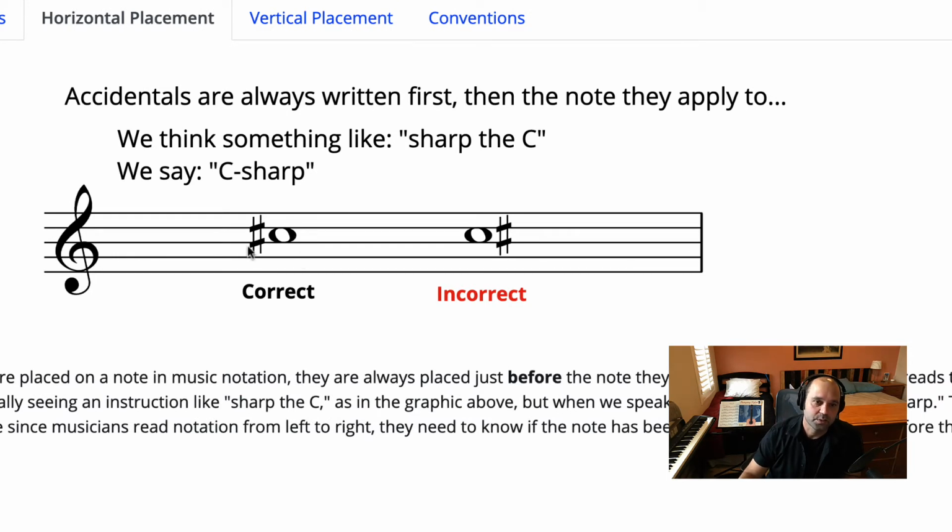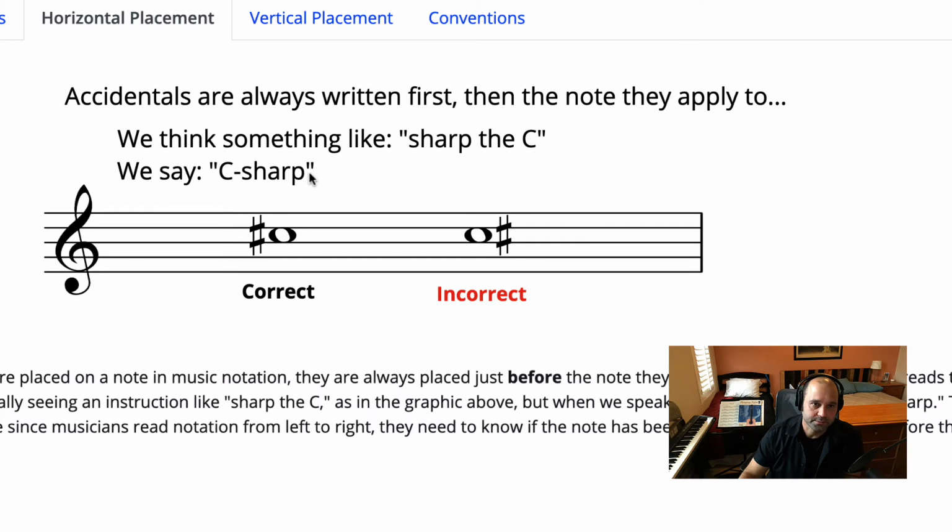So it's really sharp the C when the musician reads. Otherwise, the musician might be tempted to play this and then think about the sharp, right? Which would mean they played C and then went, uh-oh, that was supposed to be sharped. So the right way to do it is to write it with the sharp in front of the note head. So give that extra instruction before they actually see the note.